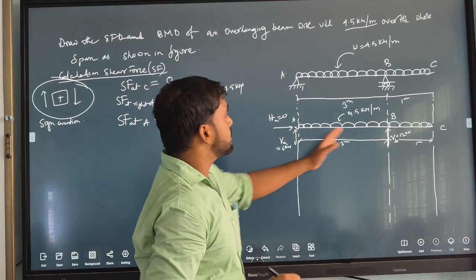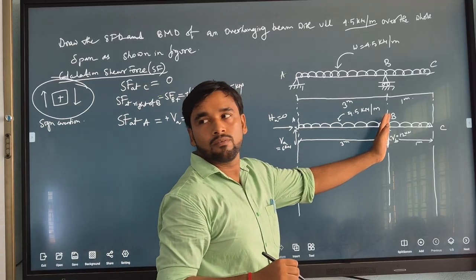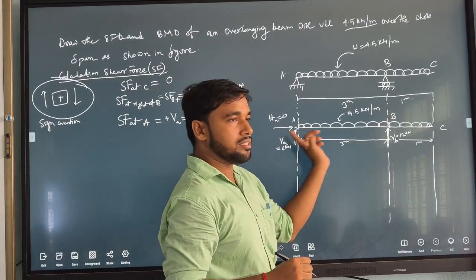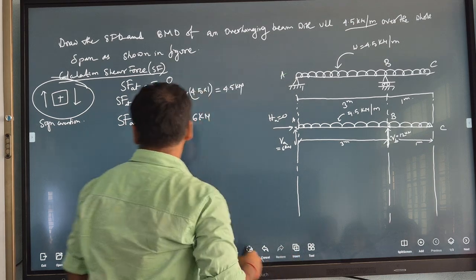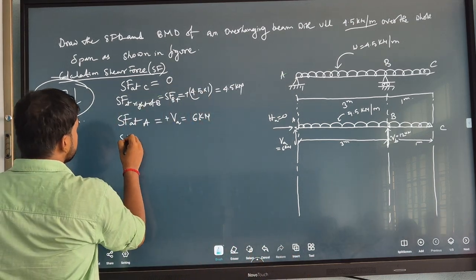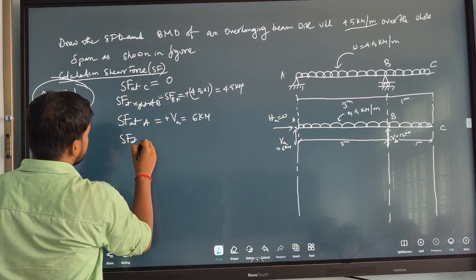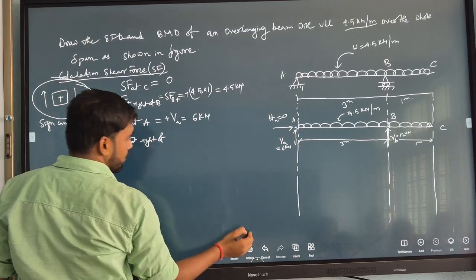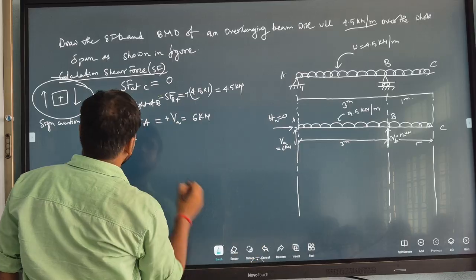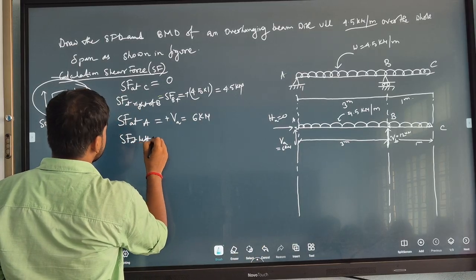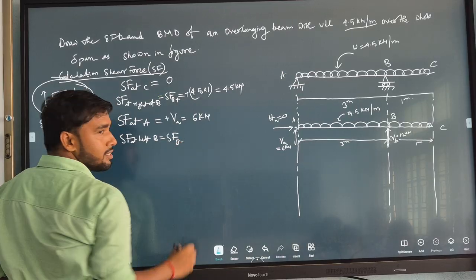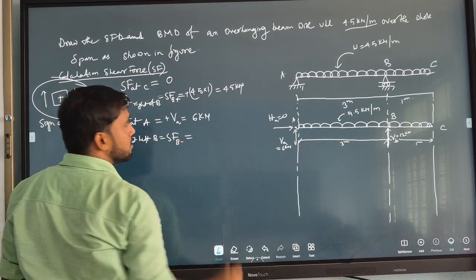Now shear force at just left of B. Consider only the BA part. Just left of B, what exactly happened? Shear force at left of B, or SF B minus, how much?